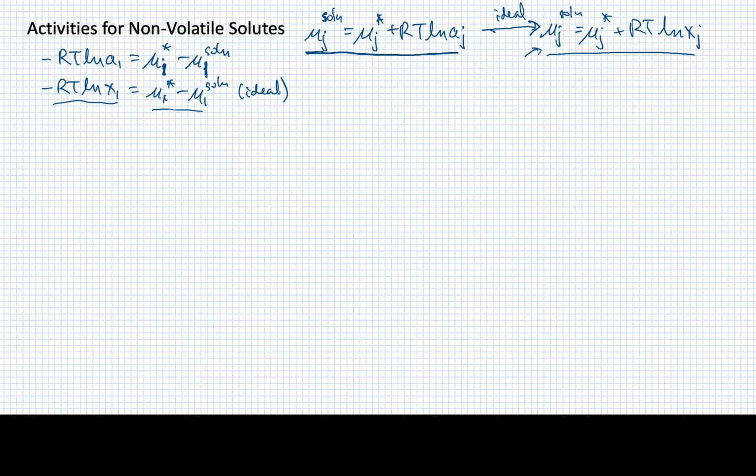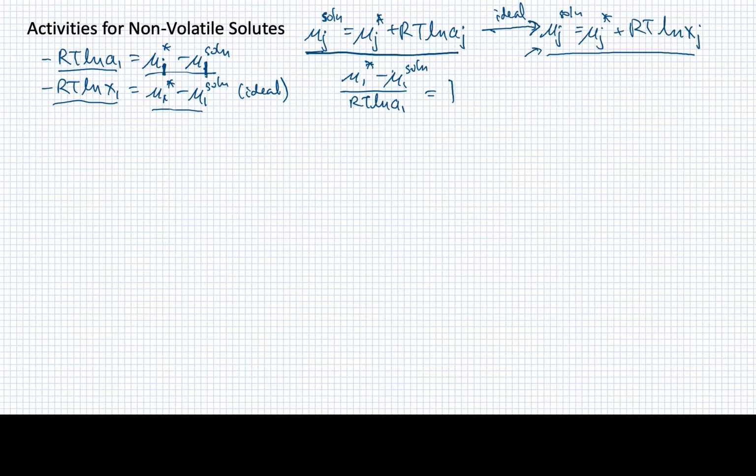And that something else might give us a way to measure the degree of non-ideality in this solution. So if I take the ratio, mu1 star minus mu1 solution over RT log of a1, I should get 1.